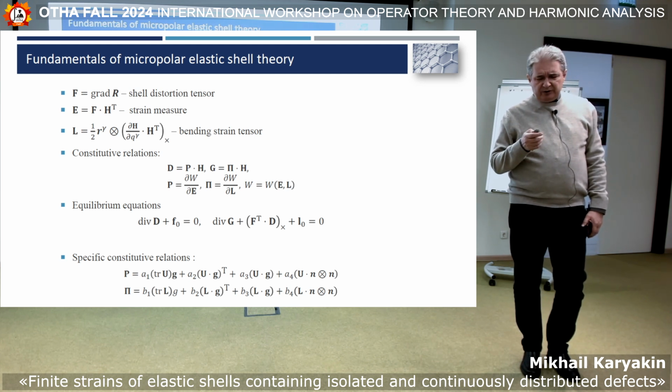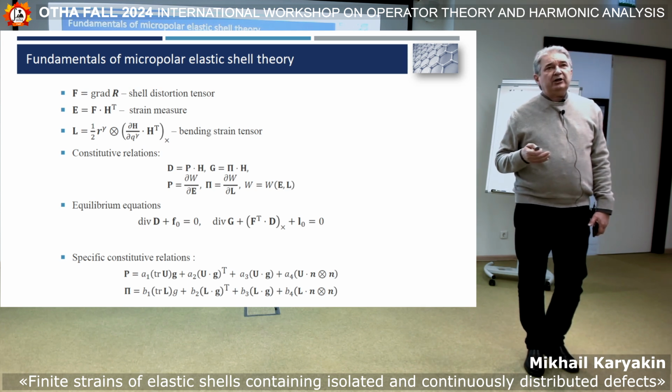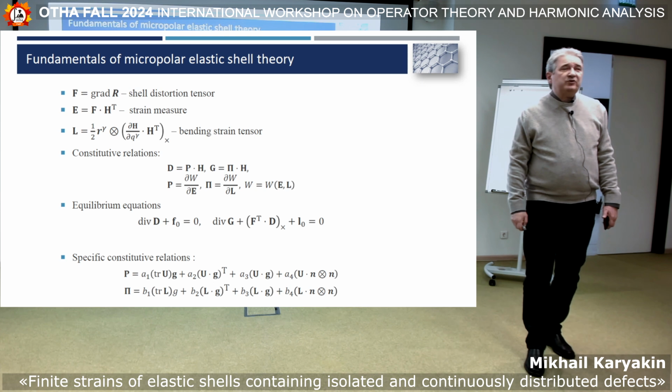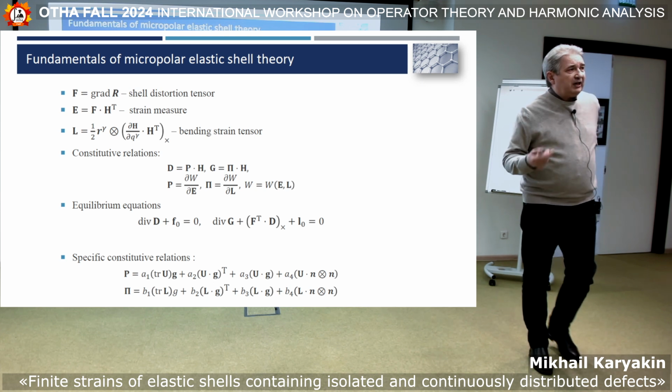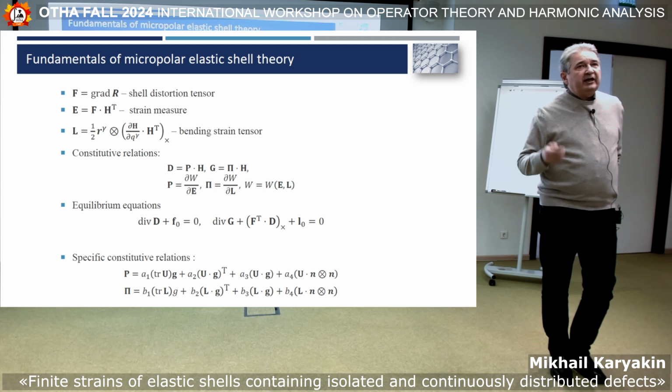The constitutive relation means the relation between the stresses that arise in our shell and the applied strain state. The equilibrium equation is presented here, and when I show some numerical results, I will limit ourselves to these specific constitutive relations.